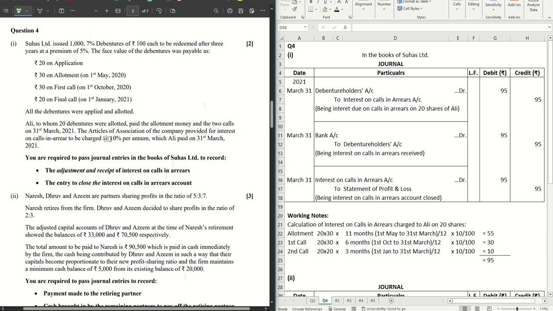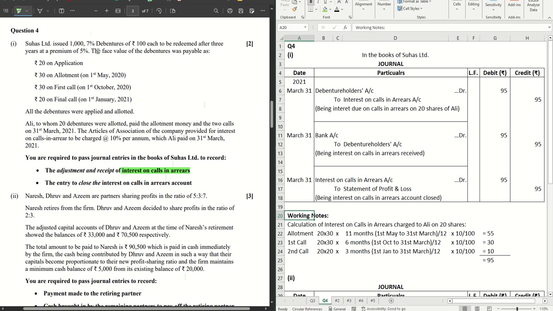Just a small portion where you are required to calculate interest on calls in arrears: the adjustment entry, the receipt entry, and the closing entry. Straightforward sum, but be very careful. The workings are very important. So let's quickly jump into the workings first.